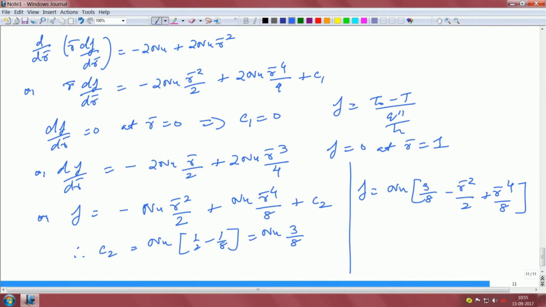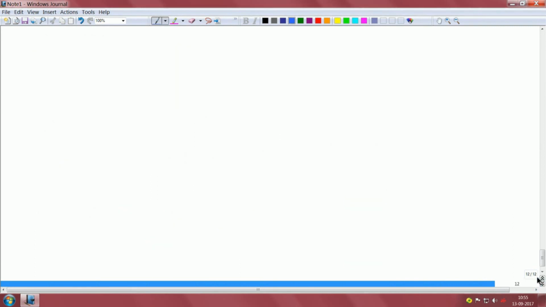Now that we have it, let us write the full equation. Therefore your T is given as T naught minus T mean into Nusselt number times 3 by 8 minus r square by 2 plus r to the power of 4 by 8, right?